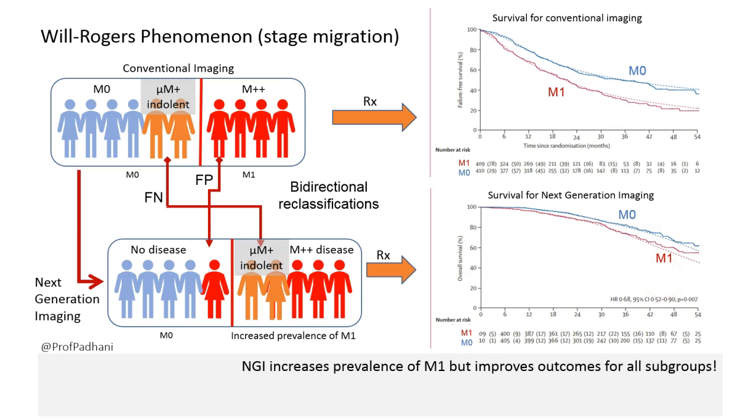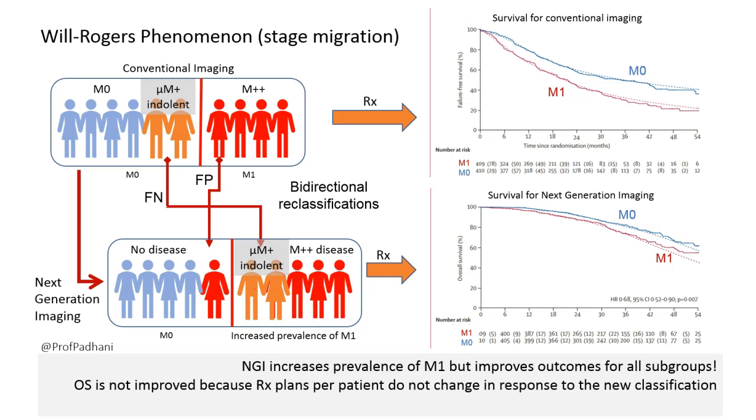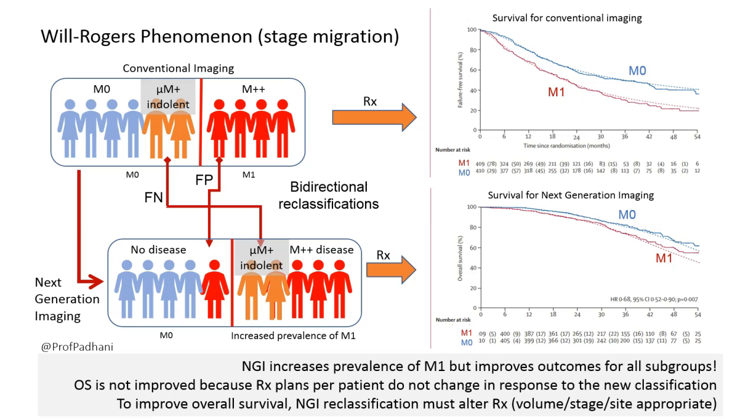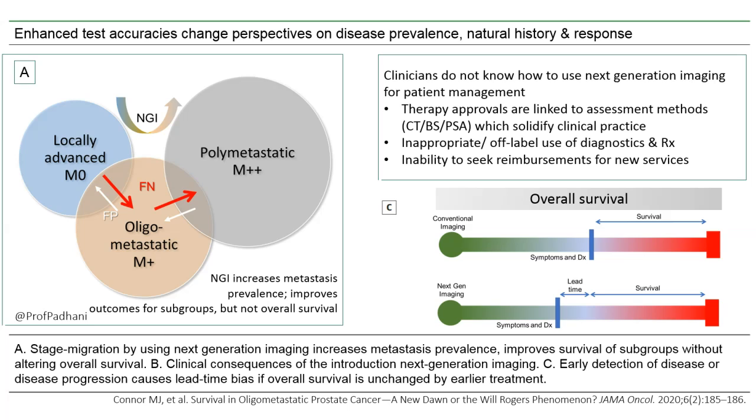So next generation imaging increases the prevalence of metastatic disease, as you can see here, but seems to improve the outcomes for all groups. But overall survival for each individual patient is not improved because we didn't change the treatment in response to the new classification. So to improve overall survival, next generation imaging must alter therapy depending on what it shows you.